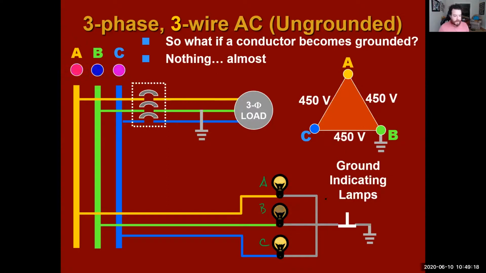So if you have a ground on one of the lines, the B phase light will go out on the B ground line. All right. If the C phase has a ground, the light on C is going to go out. Why is this happening? Why is one light going to go out?